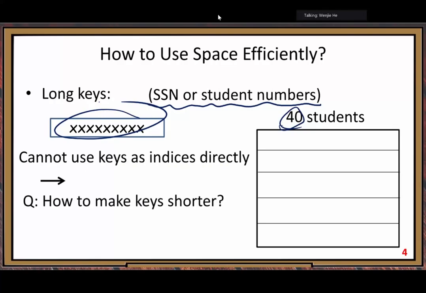To solve the problem, we want to find some way to make the keys shorter, much shorter. Because with 40 students, we just need locations slightly greater than 40. It cannot be less than 40. Equal to 40 is theoretically possible, but too tight, right?